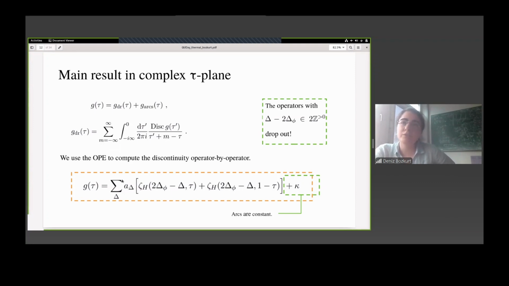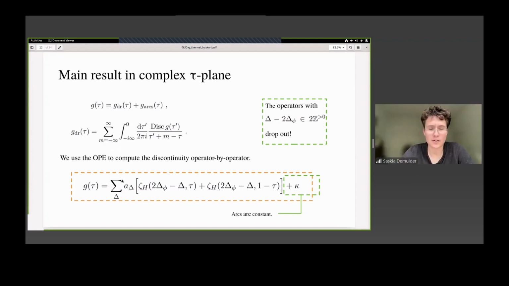Can I ask a very quick question? I'm trying to understand the operators that drop out, because it's very counterintuitive. Does it mean really that for some certain operators, when they come to the same point, they will not have a discontinuity in their two-point function? Is that because when you have two operators getting to the same point, you will have one in a field theory?